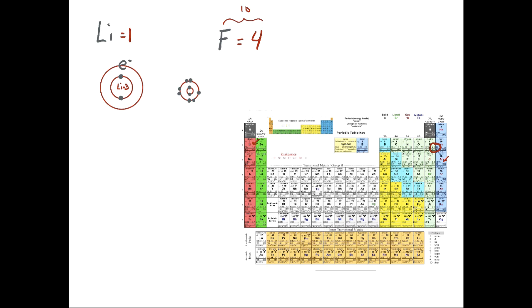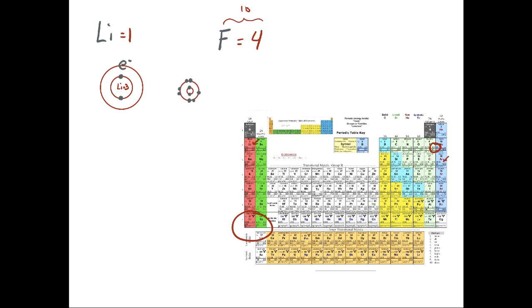Fluorine is the most attractive element on the periodic table. Why? Because the electron it's trying to attract would be closest to the positive core. If you're looking at francium way down here, that thing is so far away from the nucleus, and there are 86 electrons repelling it.